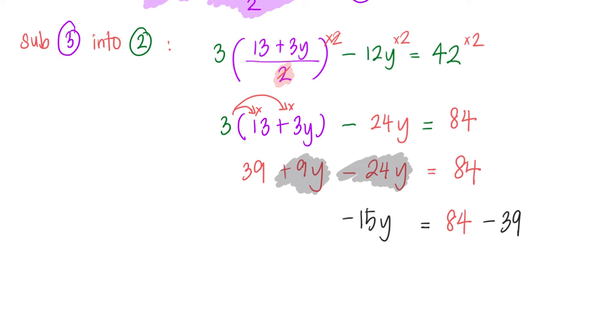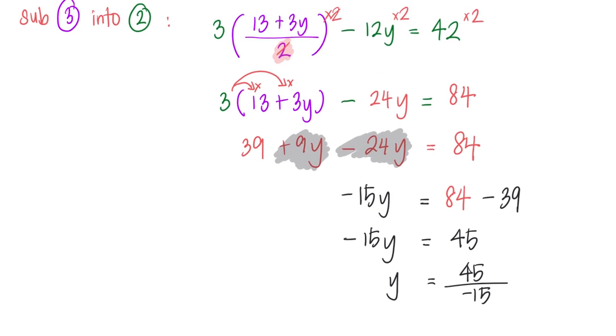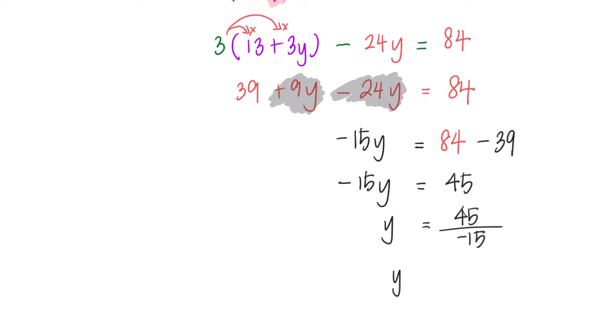And finishing already, I will have negative 15y equals to 45. So finally, divide by, yes, negative 15. And you will get y equals to negative 3.